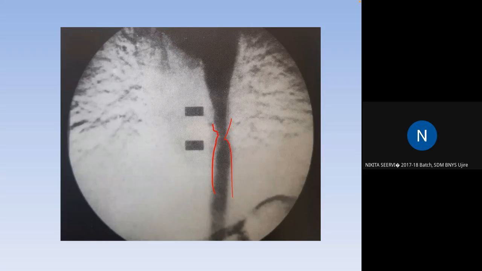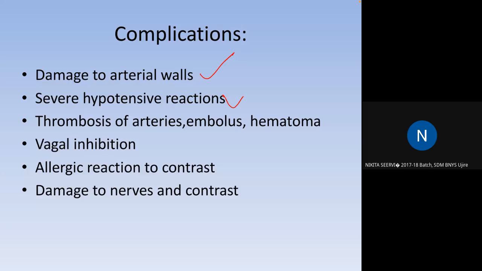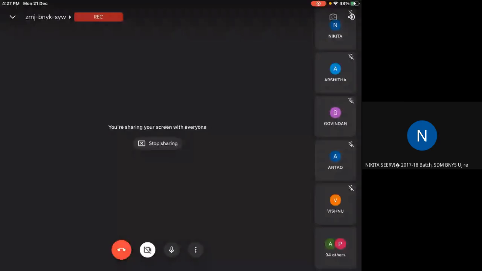He can cause severe hypotensive reactions. Why? When you have a blood pressure which is peaked up and you give a carotid massage, what happens? Why does the blood pressure decrease? You have a patient who has 180 by 100 BP, and you give a carotid artery massage on one side.